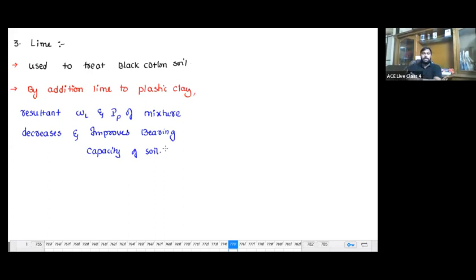Why? Because it is highly plastic, it undergoes high swelling and shrinkage, so settlements would be very high. So when you add lime to the plastic clay, the resultant liquid limit and plasticity index of the mixture decreases. When the plasticity decreases, then obviously compressibility decreases and it improves the bearing capacity of the soil mass.